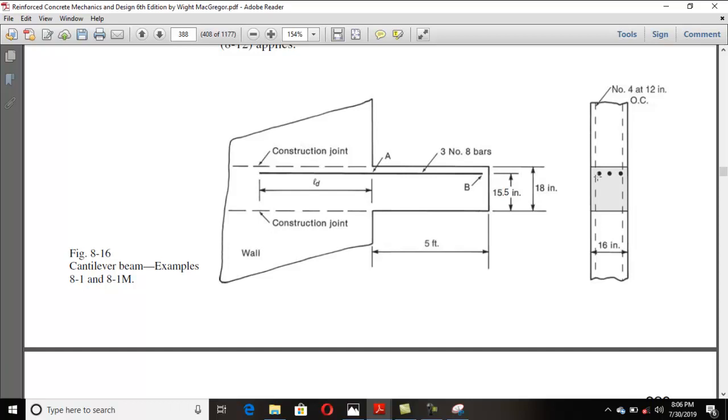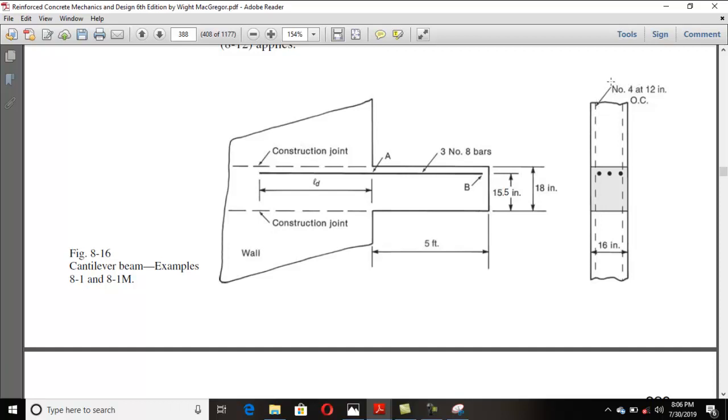These three are basically number 8 bars. Number 8 bar diameter is 1 inch, and you will see these dotted lines, which are the wall steel bars, and that is number 4 basically.